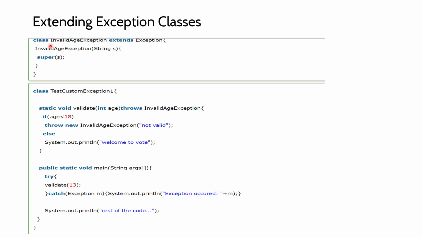So in this example here, we have our custom exception called invalid age exception, and it's inheriting from exception. So that's the extends keyword, meaning it's inheriting from the Java class exception. And we have our class where we're going to test the custom exception. And we can see here's a method called validate that actually throws the invalid age exception.